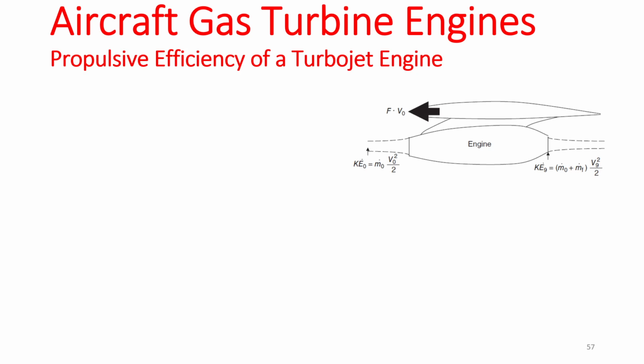Let's talk about the propulsive efficiency of the turbojet engine. Does anyone remember how we define the propulsive efficiency? Not the equation, what was the concept? Just think about it.